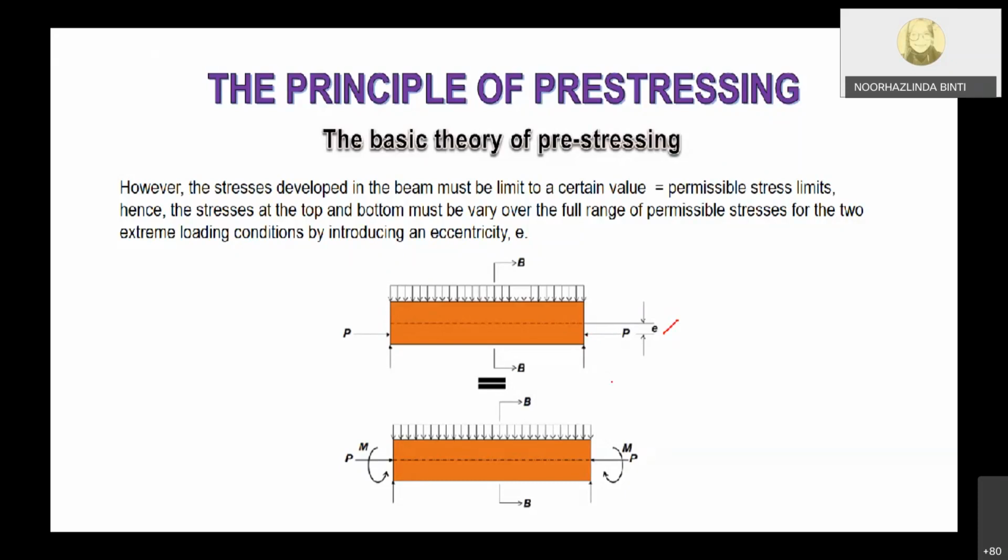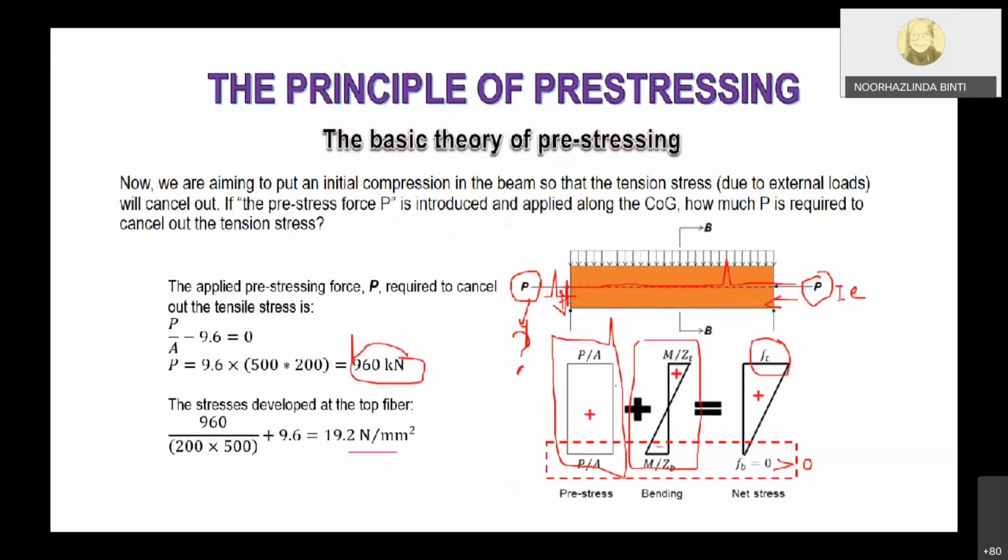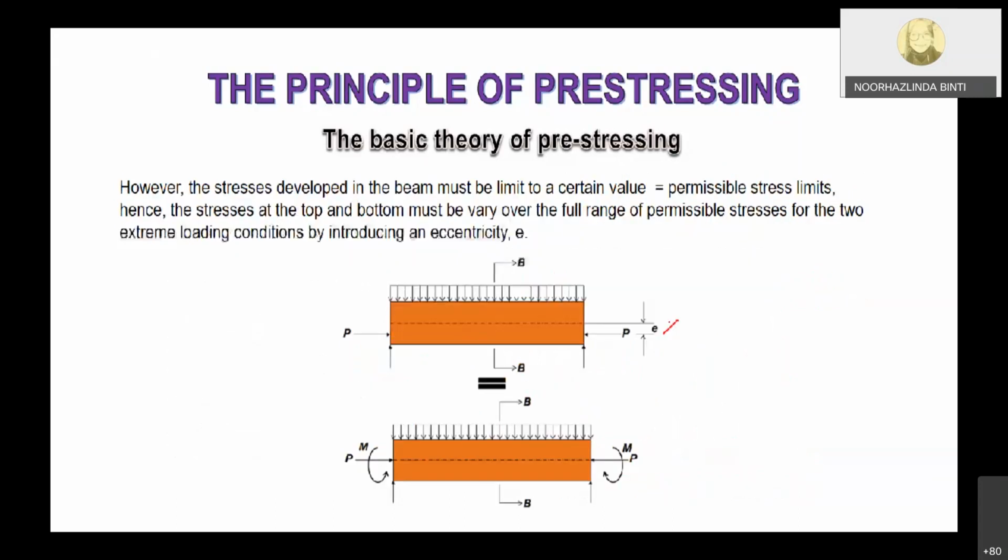So your stress distribution will be covered by 3 components, not 2. Just now 2, right? We have 1, 2. We have to add another component here, something like this, due to bending moment. Bending moment because of this eccentricity.